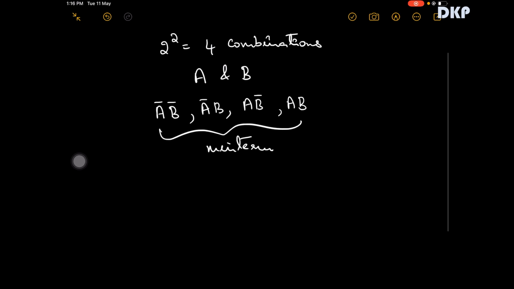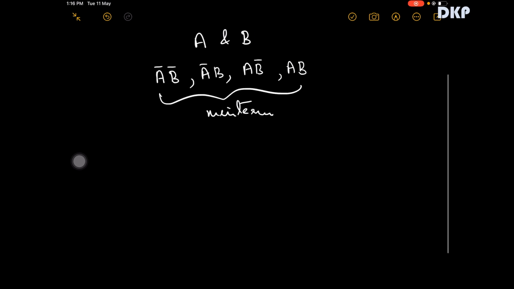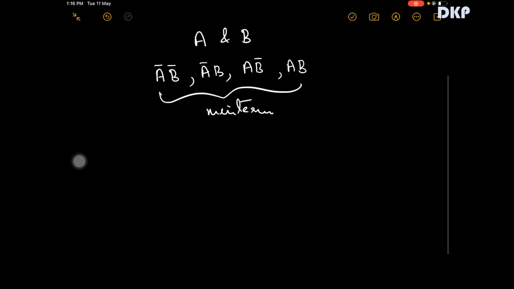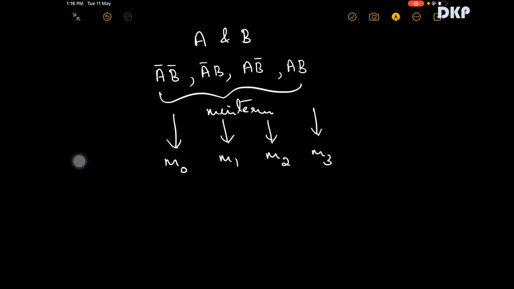Now instead of representing the minterms in terms of the input variables, we can use the shorthand notation. That is, for A bar B bar, we can write M0. For A bar B, M1. A B bar, M2 and AB, M3.